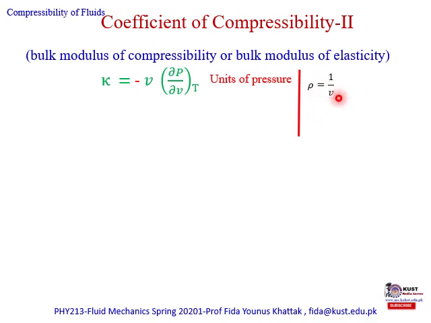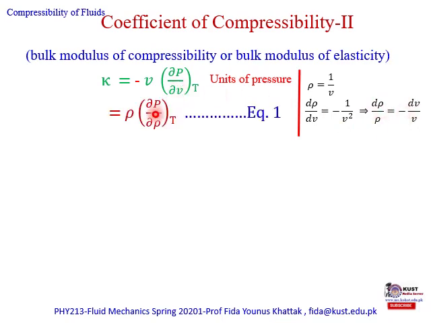In terms of the specific volume, we can write density is equal to 1 over V. That would mean that d rho over dV is equal to minus 1 over V squared. And rearranging, we will get d rho over rho is equal to minus dV over V. If we use the d rho over rho value as equal to minus dV over V and put it into the equation over here, we could write down kappa in terms of rho.